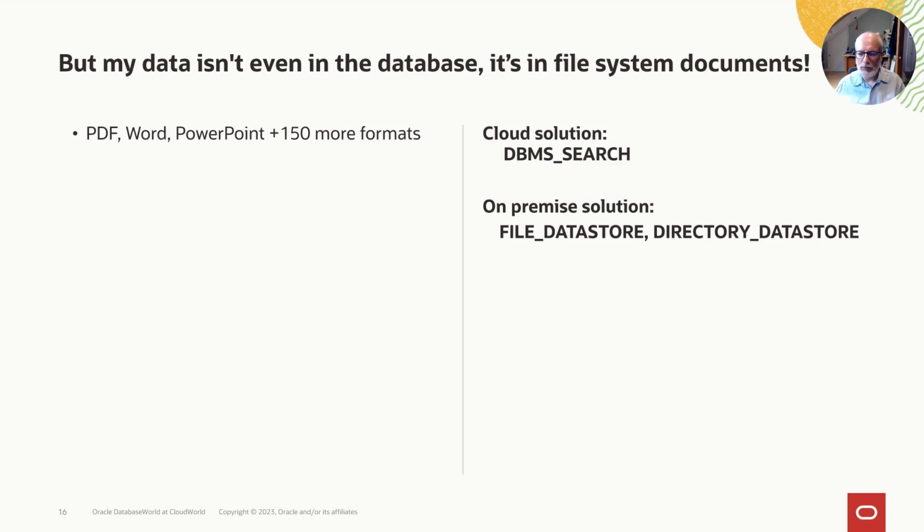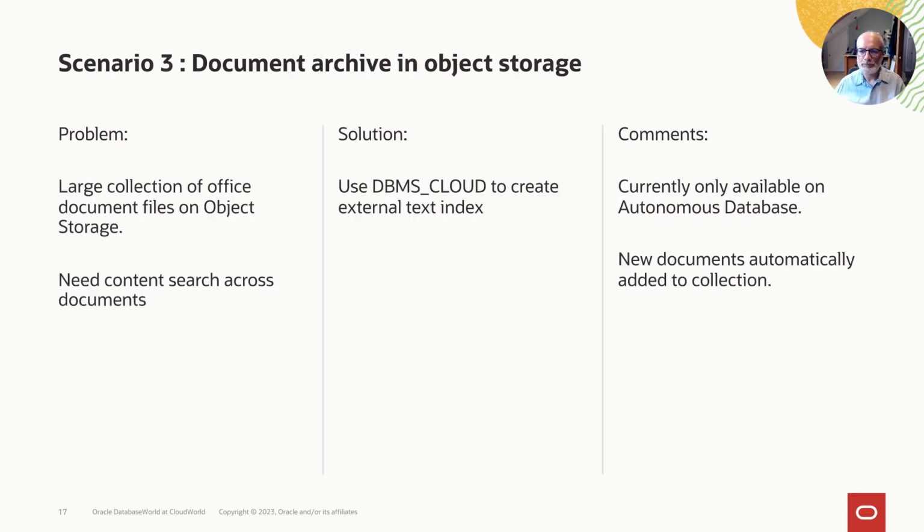If you're looking at an on-premise solution, then we have what are called data stores, special data stores that will allow you to access external resources. But we're not going to be looking at that now. We're going to be looking at the cloud solution, which uses a package. Actually, I beg your pardon, this is wrong here. The cloud solution is using DBMS Cloud, not DBMS Search. And we'll see that in a moment.